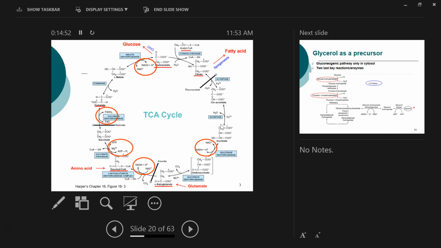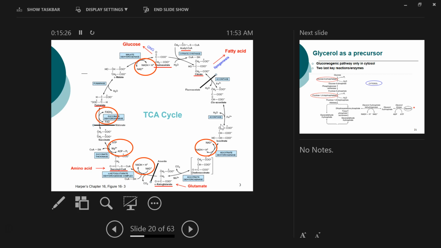So this is again the TCA cycle. I just want to emphasize this part. This is part of the gluconeogenic pathway when amino acids are the precursors, right? Glutamate is metabolized to alpha-ketoglutarate and enters the TCA cycle, goes through several reactions and is converted to oxaloacetate.